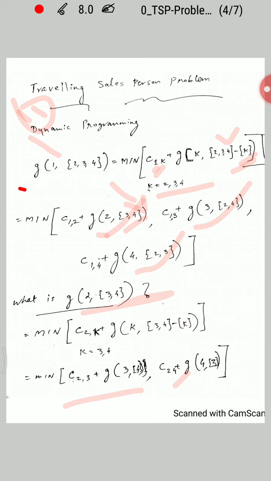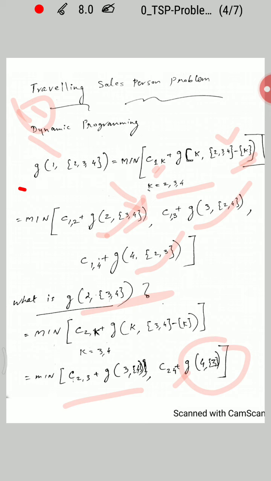{3}). See, what is the meaning of g(4, {3})? You are at 4, next you are going to visit 3, then coming back to 1. What will be the cost? That is the meaning of g(4, {3}). What is the meaning of g(3, {4})? You are at 3, you will be visiting 4 then coming back to vertex 1.